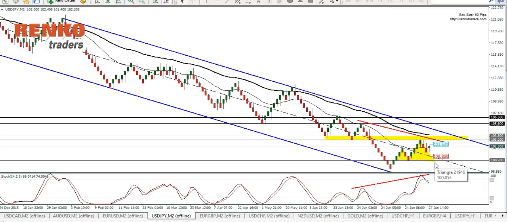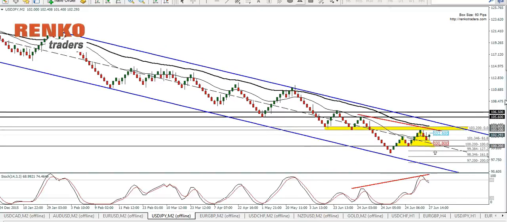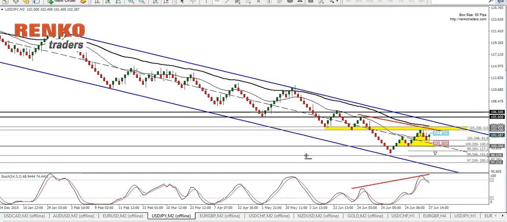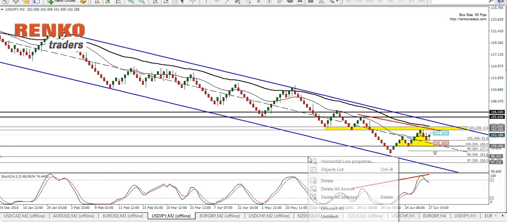If USDJPY does manage to hold at 100.2, then expect another minor move to the upside, which would then form the right shoulder, following which you could expect a strong decline to the downside, which gives you a target of 97.2 as the final target, and probably 98.35.